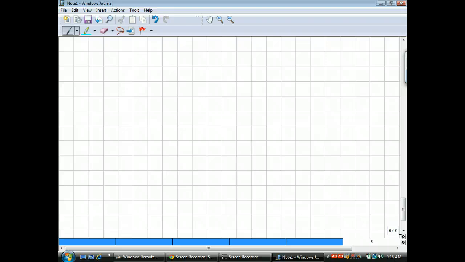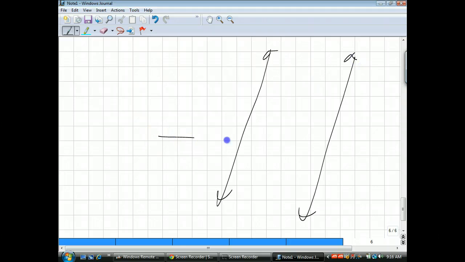Okay. Now, when we have two coplanar lines cut by a transversal, okay, notice that several angles are created. Here's 1, 2, 3, 4, 5, 6, 7, 8. So there's 8 different angles created. And so what we want to do is be able to identify those angles by their location.